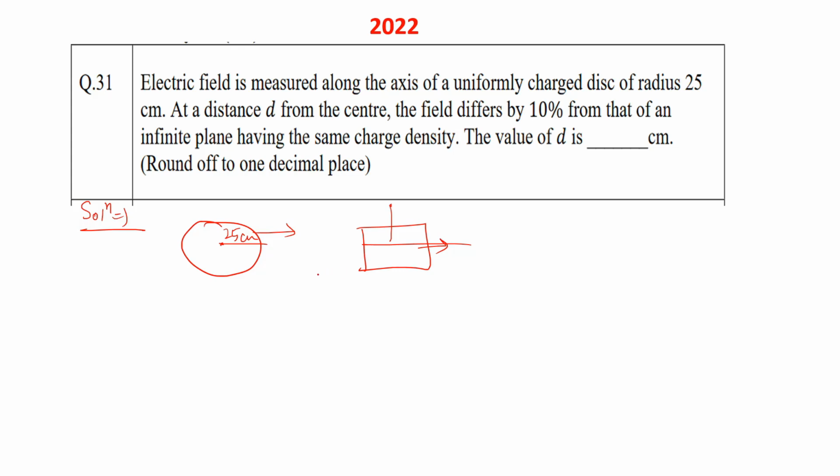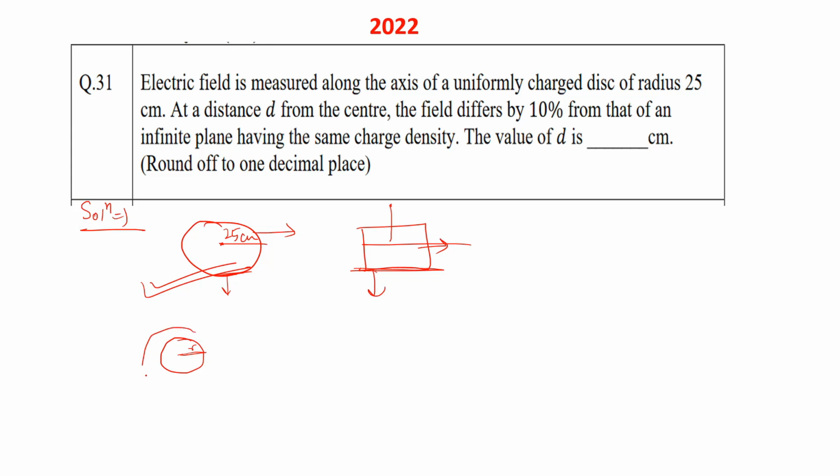To find the value of d, first we should know the electric field at point P due to these surfaces, due to the disk and also due to the infinite plane. To find the electric field due to a disk, I'll take a ring of some radius r.